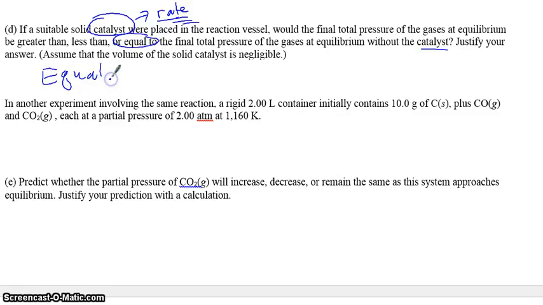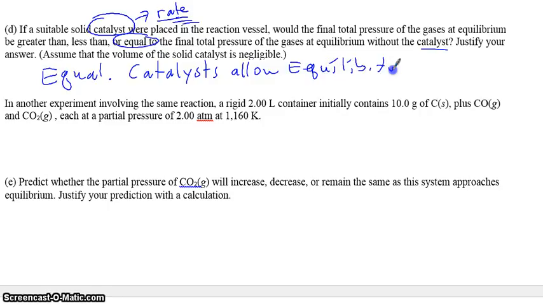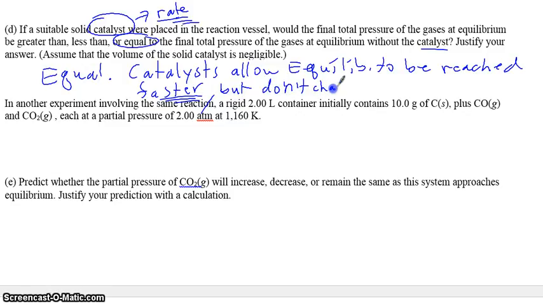And we'll have to explain: catalysts allow equilibrium to be reached faster, and that's what catalysts do. They speed up the rate of the reaction, but do not change equilibrium concentrations.